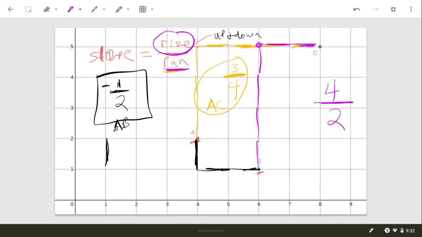So the slope between B and C would be 4/2, or you can simplify that. That'd be 2/1, or you could just call it 2. And notice it is positive slope there because it's going uphill. I think that'll do it for this one.